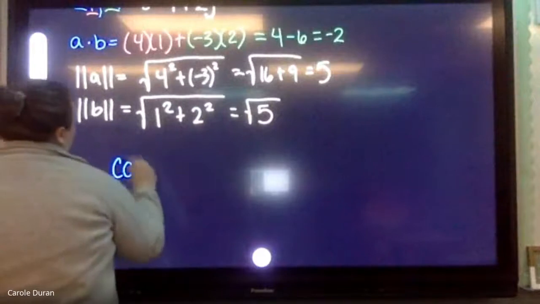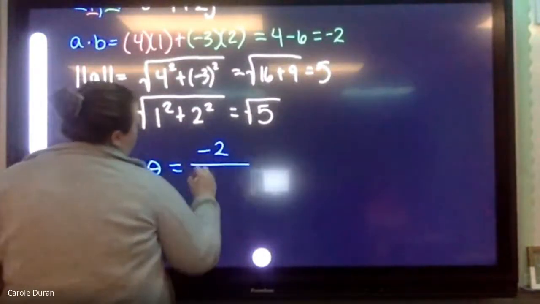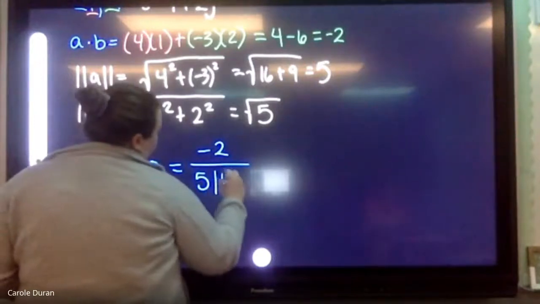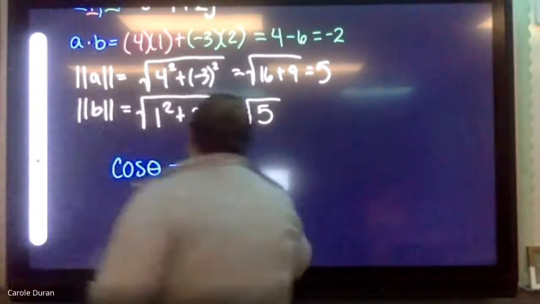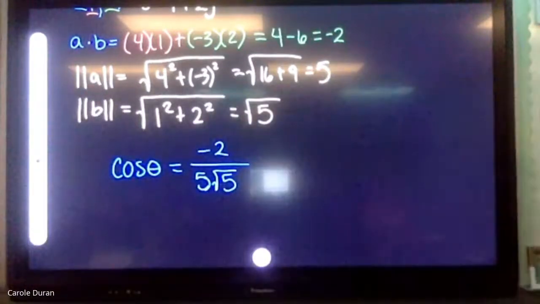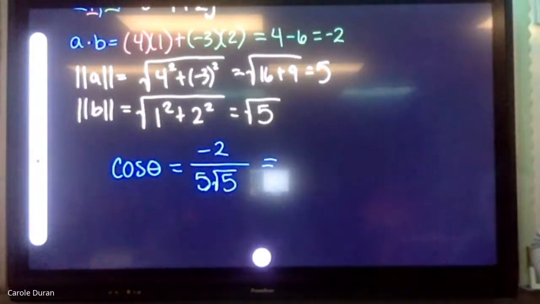When I put it in there, I get cosine of theta is equal to my dot product, negative 2, divided by the product of my two magnitudes. When I multiply 5 and the square root of 5 together, I get 5 root 5. And I should have negative 2 over 5 root 5, which I can go ahead and put into my calculator. When you do, go ahead and give me the decimal to 4 decimal places.